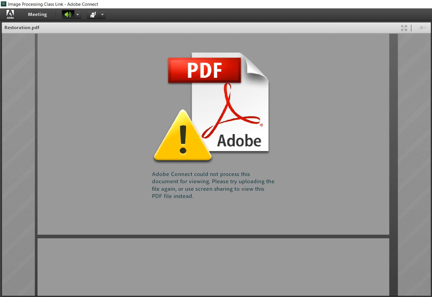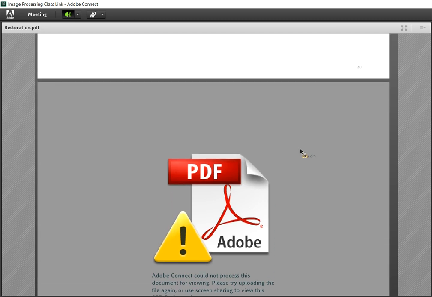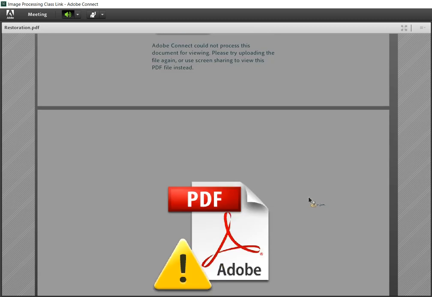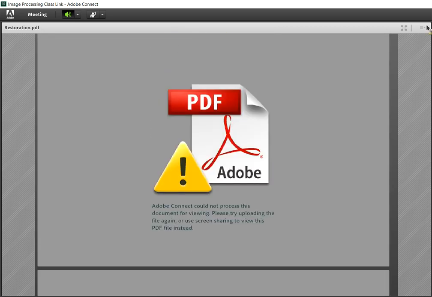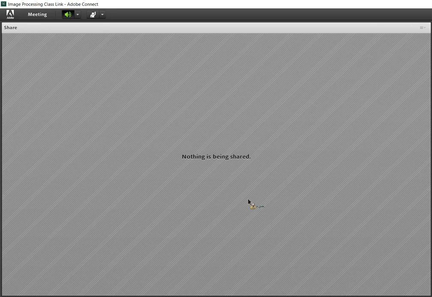Okay. I share my screen, and after this two page, I go back to this file. Okay, for better speed of internet. I stop sharing. I share my screen, and here you see my screen. Okay.